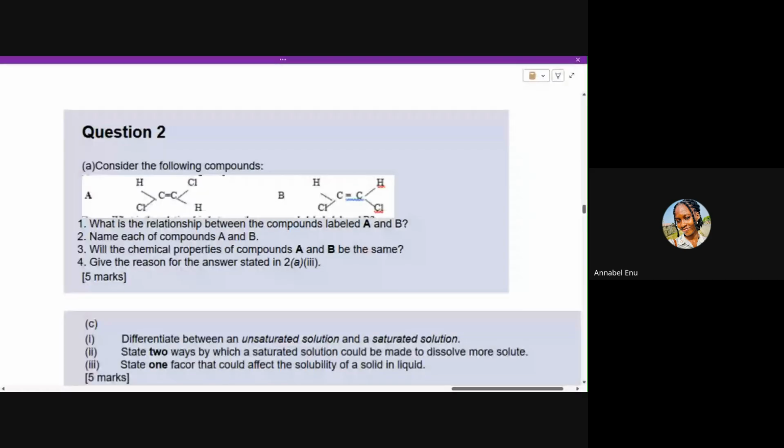So today we'll be continuing from where we stopped. Still on hydrocarbons. We'll be extending from the basics of organic chemistry to more complex things.